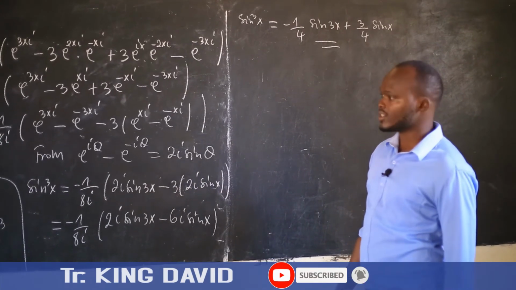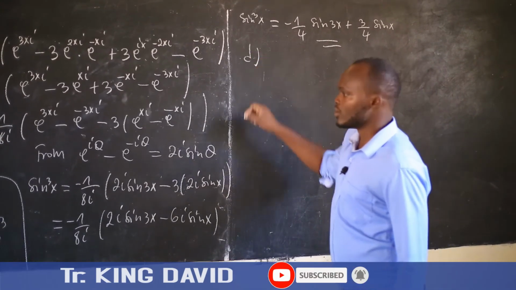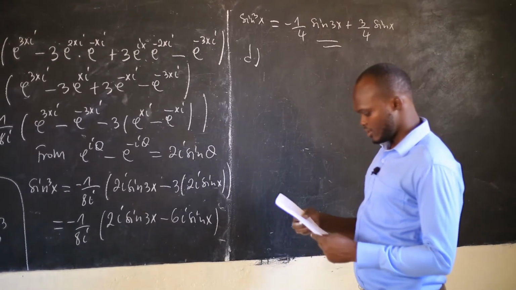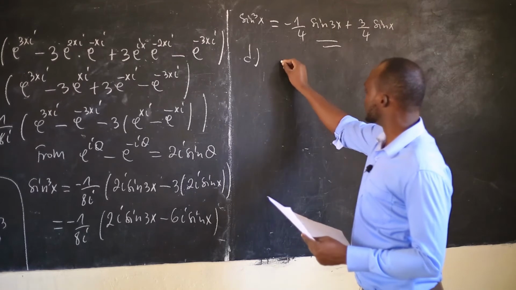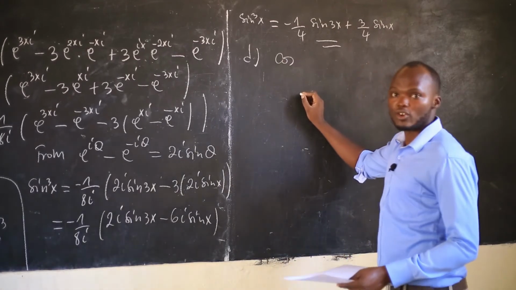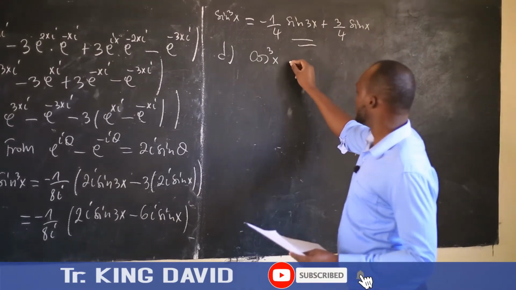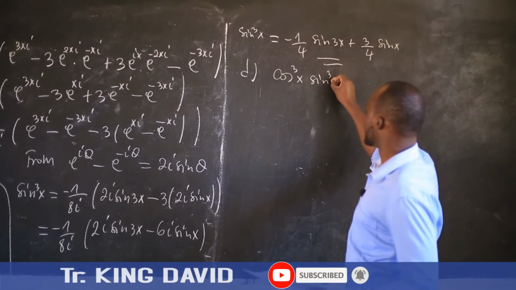Okay, if there is no question, let us go to D. So D is saying, it is to express as a linear combination cos^3 x sin^3 x.